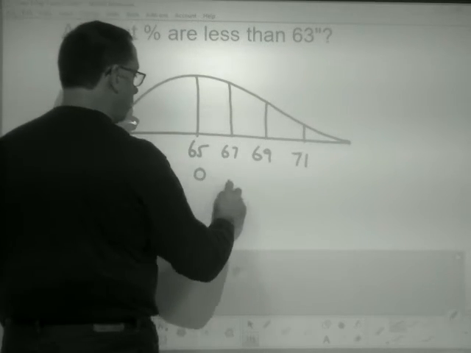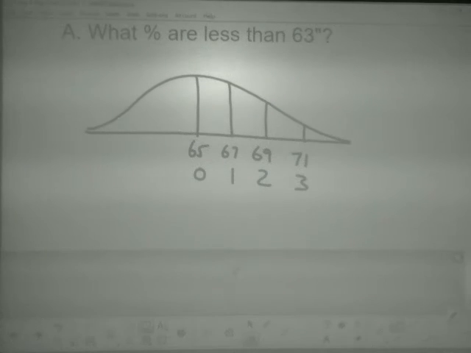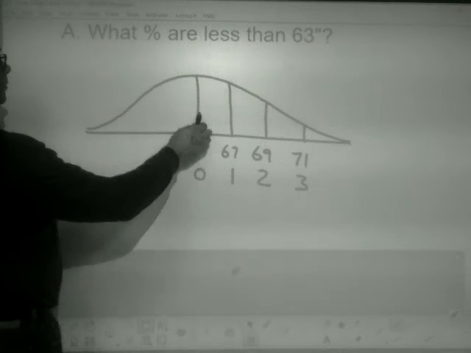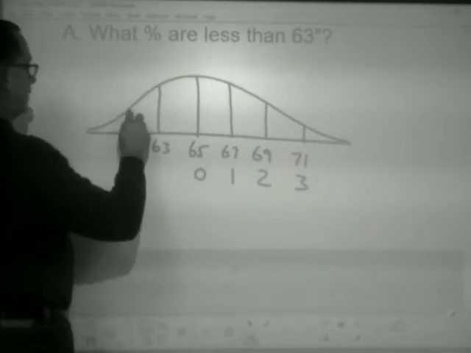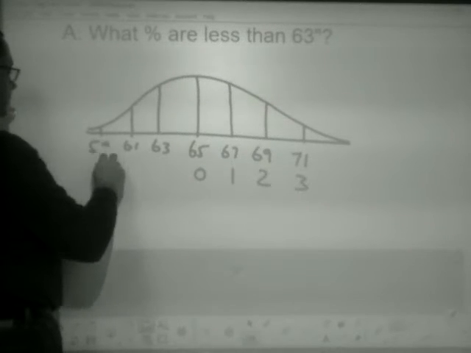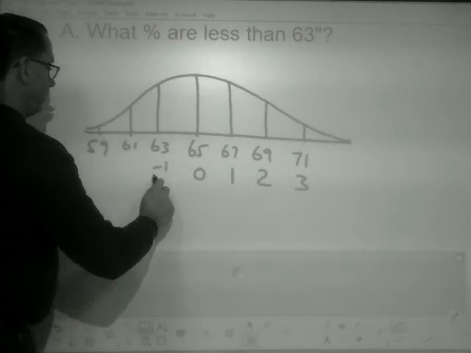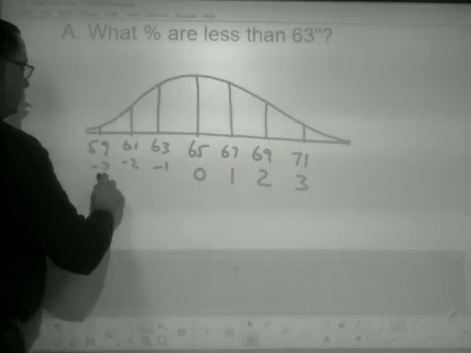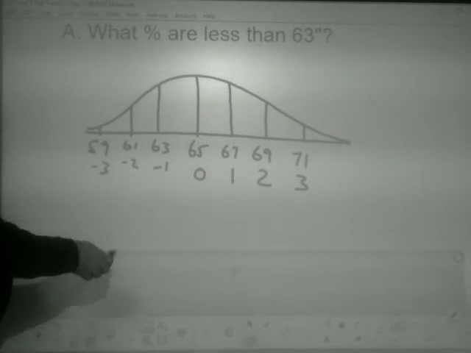And this is 0, 1, 2, and 3 standard deviations away from the mean. Backing up 2 at a time, this is 63, 61, 59. This is -1, -2, -3. I have to draw this curve every time for every new problem.